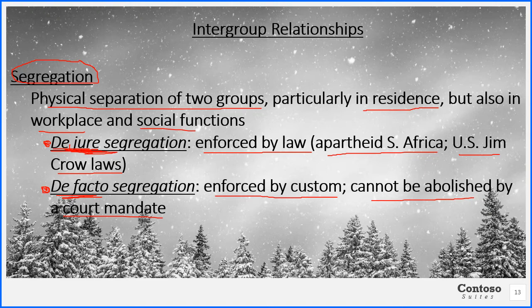Getting rid of segregation doesn't just happen when a politician signs a piece of paper. It happens over time. Society and culture have to catch up with that law and fully accept it in order for de facto segregation to fade away.